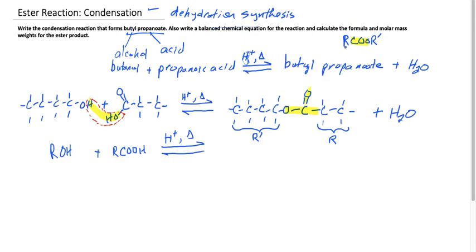So just know that this is the standard way of thinking about it. For us, we're just going to think about it this way: R prime COO R. So we're just going to write it in that direction.